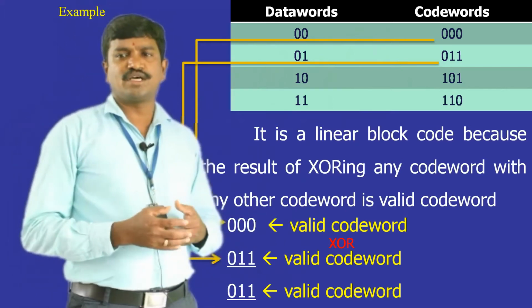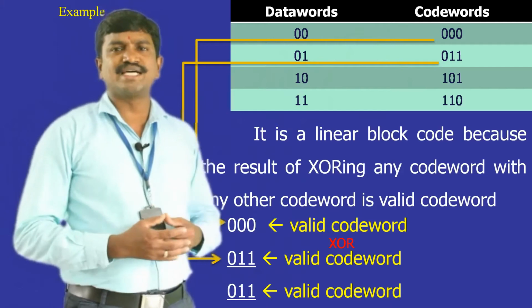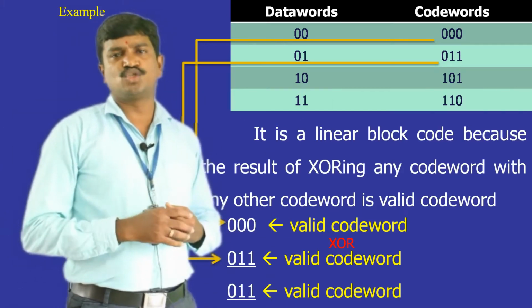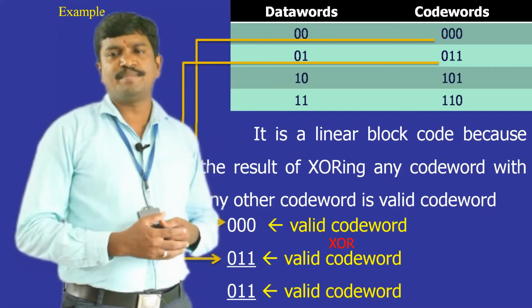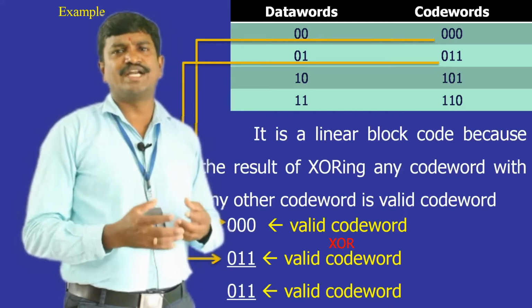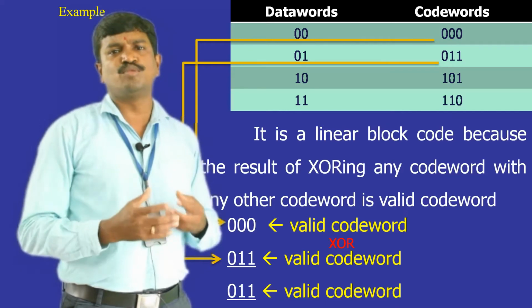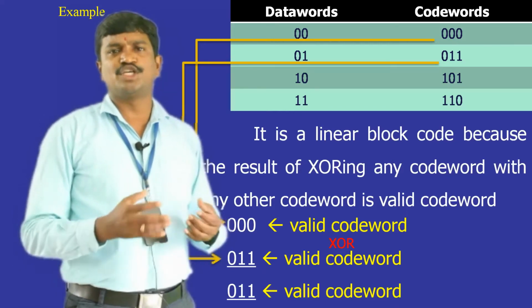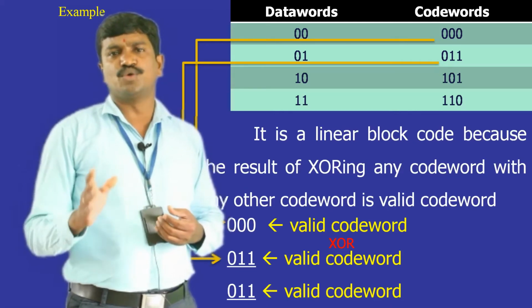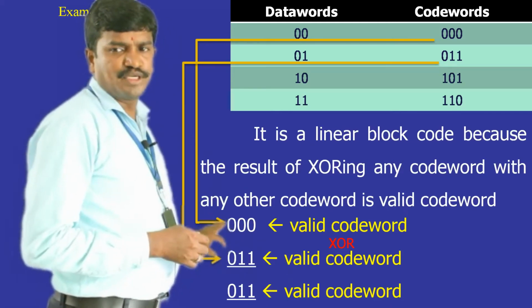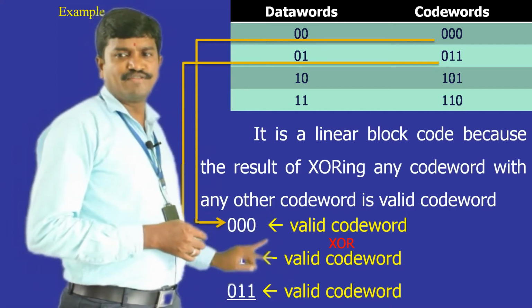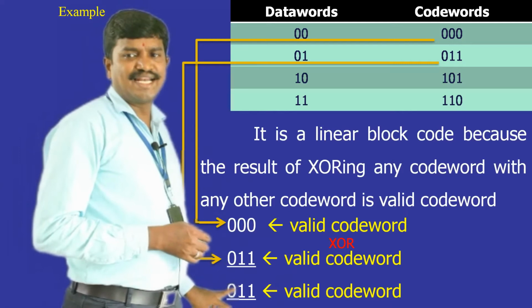The principle of XOR, as you already know: if 2 bits are the same, the result is 0; if 2 bits are different, the result is 1. It is to identify the difference between the bits. Very simple. If 2 bits differ, the result is 1, and if the 2 bits are the same, maybe 0 or maybe 1, the result is 0. So 0 and 0 gives 0, 0 and 1 differ so 1, 0 and 1 differ so 1. So now we got a result of 011.